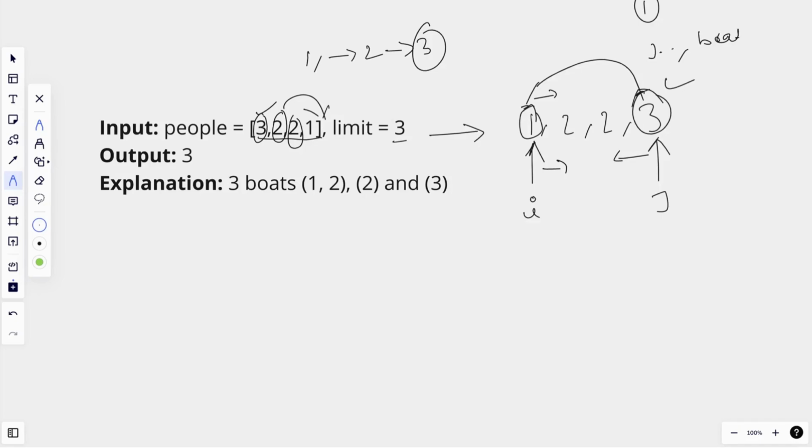Like in this case, 1 plus 3 is 4 and that value is greater than limit. If this 3 cannot be paired with the smallest value, then obviously it cannot be paired with a value greater than weight of i. So I have to make sure that this guy sits alone and I will decrease my j.